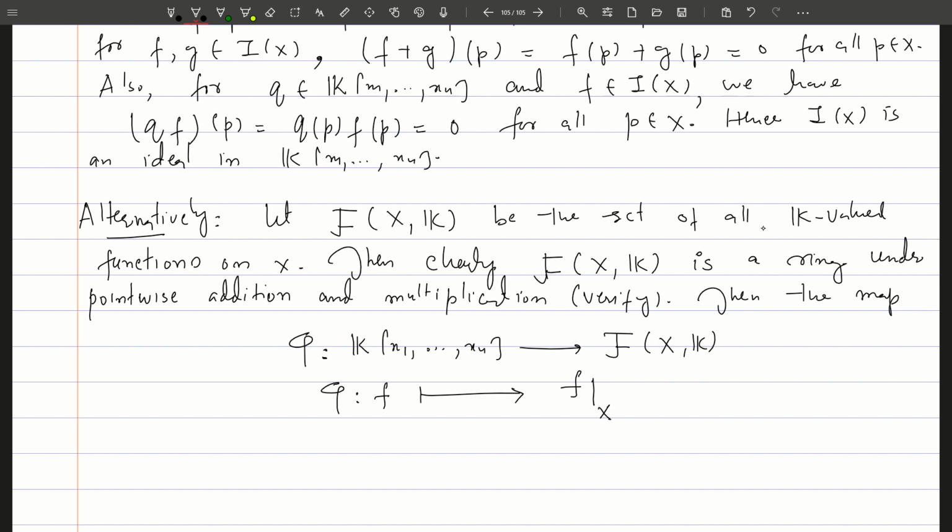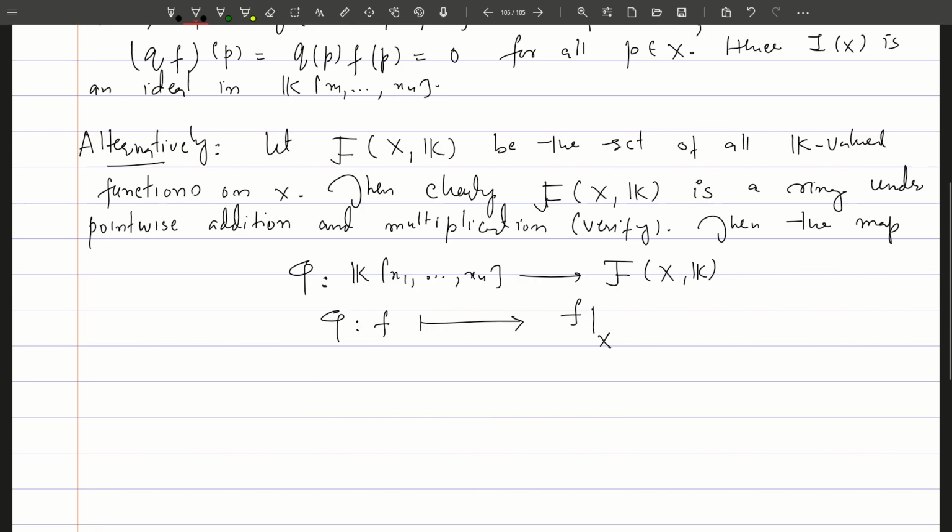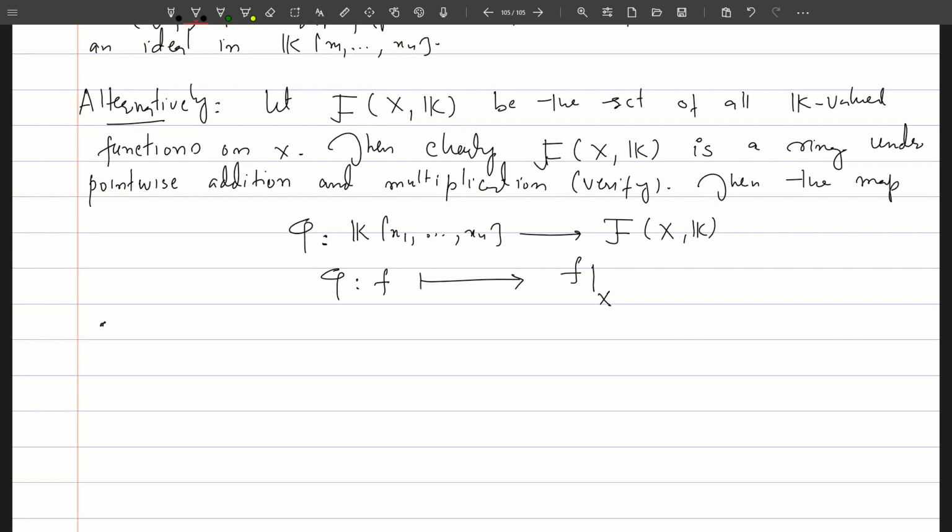This is not just a map, this is a ring homomorphism. So clearly this phi is a ring homomorphism.